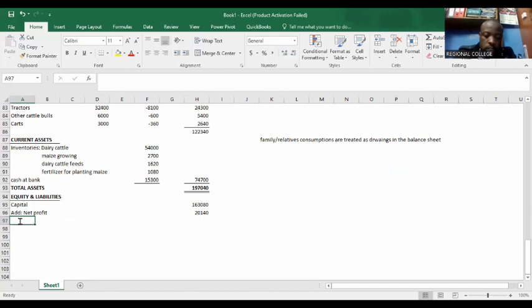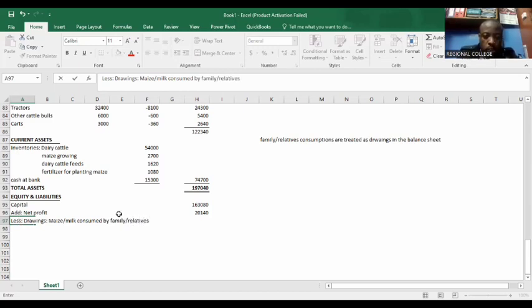So less drawings. There's something that was consumed by family members in there: milk and maize consumed by family or relatives.